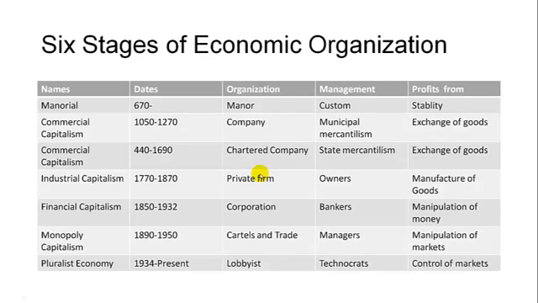Quigley. The 6 stages of economic organization, and the first stage of economic organization is what he calls the manorial or the feudal system. And feudal systems go back as far as mankind goes back, when it organized itself into civilizations or empires, or a set of feudal lords, where you have a king, or a lord, or landowners.